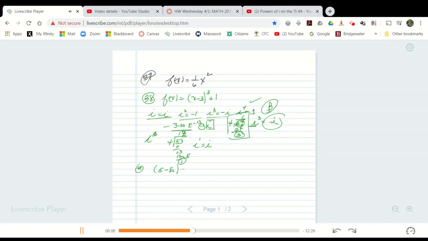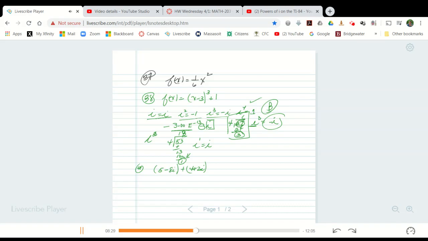41 and even 42, it's just like the algebra functions. All we're doing is taking these two functions. In 41 you're adding. So sure, you could put this into your calculator. In fact, the one I did with multiplication, F times G, you have to FOIL it out, that previous one.